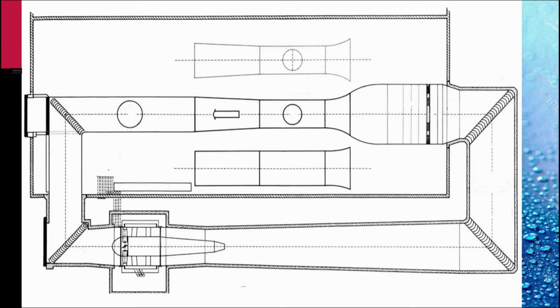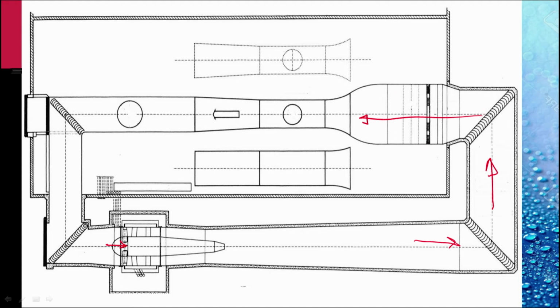One very big tunnel exists in IIT Kanpur, where in the National Wind Tunnel Facility, we have a closed circuit wind tunnel. The fan sucks in air and flows, the air slows down, it bends along, it goes again.